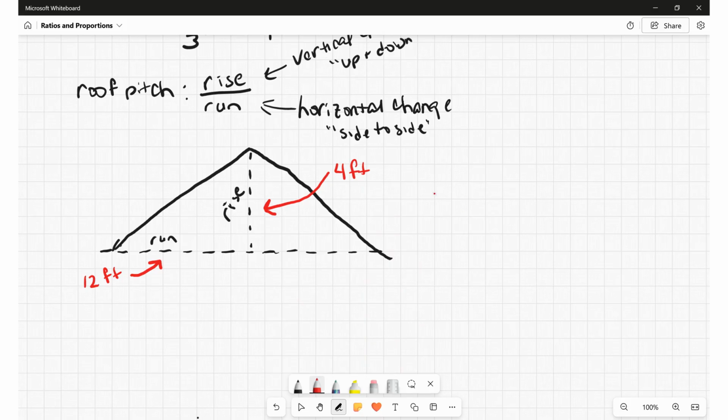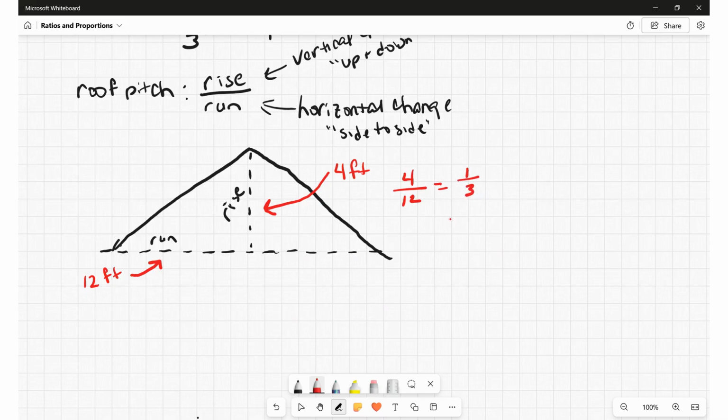So we are going to convert this to a ratio. So the rise over the run. And we are going to use the tools that we have in our toolbox to reduce this ratio, which is just reducing a fraction. And we reduce this to 1/3.